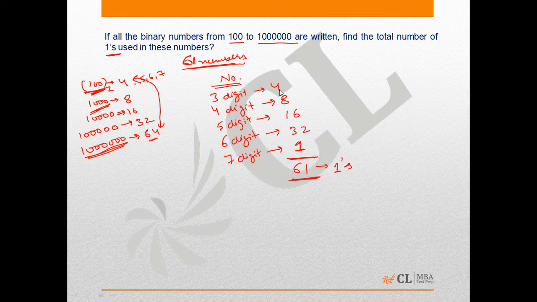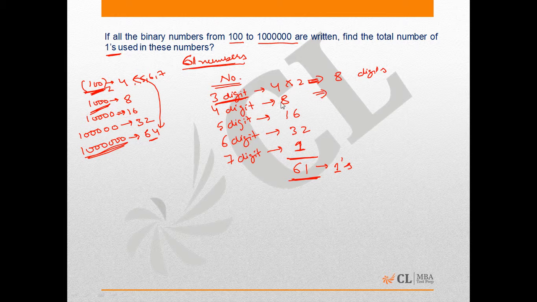Now what about the rest of the digits? Let us take the 3-digit numbers. The first digit is 1, which I have already counted. The rest is 2 digits in each of these 4 numbers, so I will get a total of 8 digits.